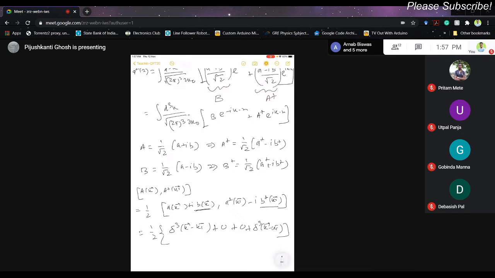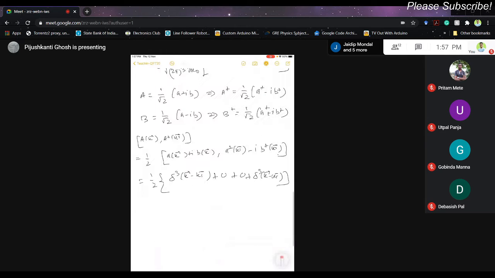Right? So now you understand why we introduced this normalization factor 1 by root over 2. That means we get 2 into delta cube k minus k prime divided by 2, so we get delta cube k minus k prime.